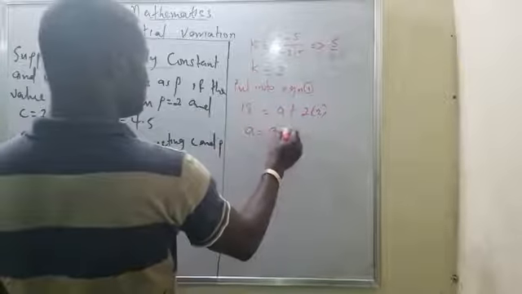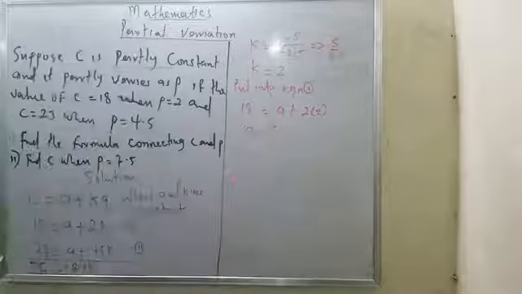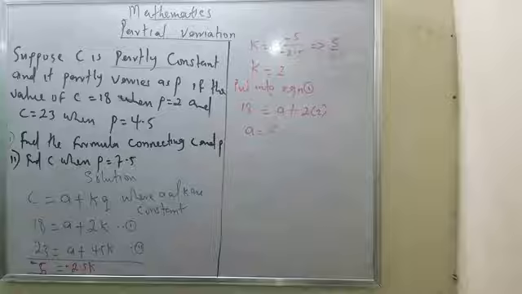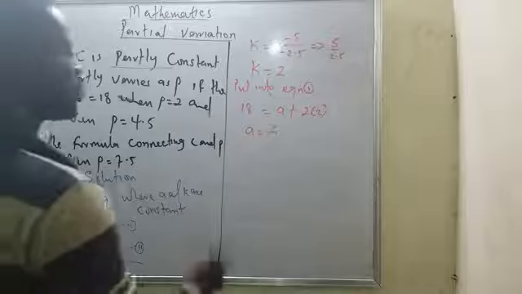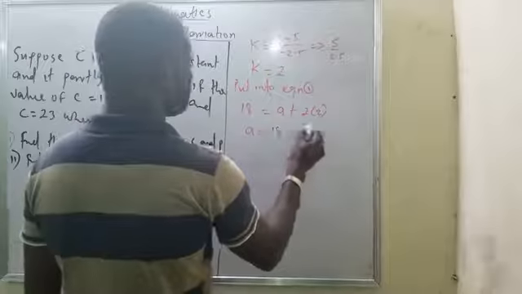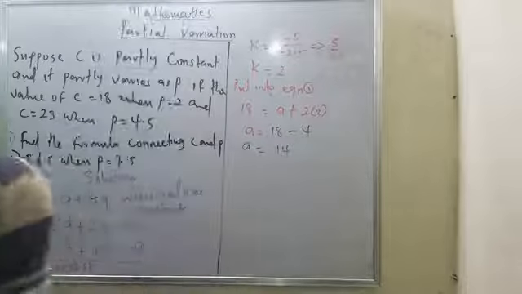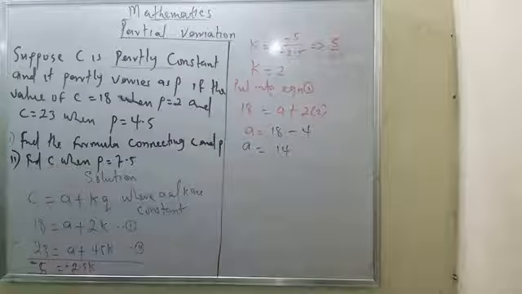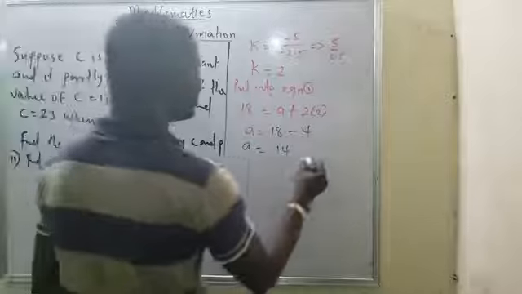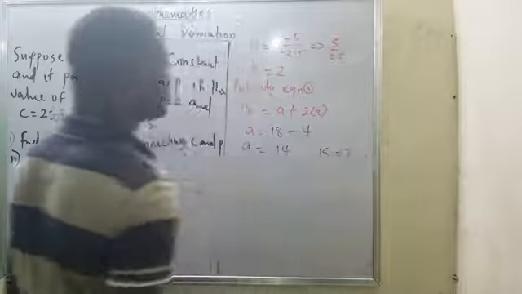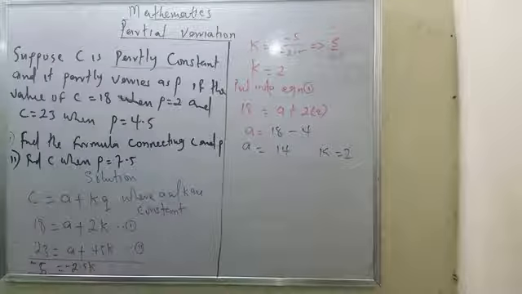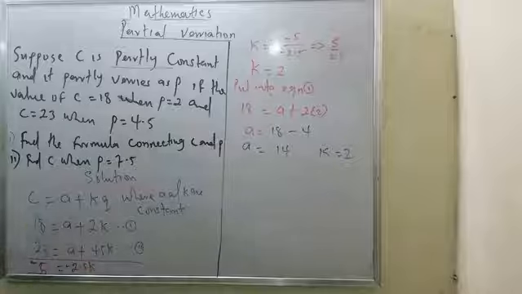Since I have that, I can say 18 minus 4, so my A equals 14. Now A equals 14 and K equals 2. Since I have that, I can now go back to the original relationship, which will be the relationship now.